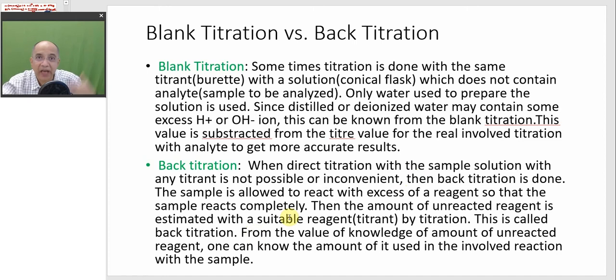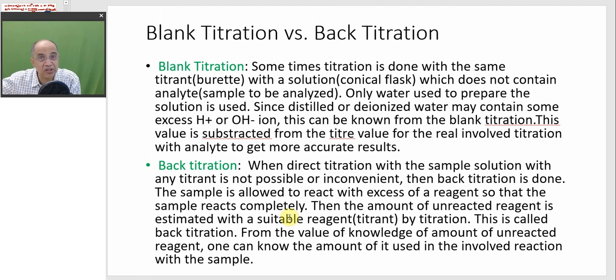If the direct titration of the sample solution is not possible, or the sample is in a solid state and not soluble to form a solution, then you take a reagent in excess, allow the sample to react and be completely exhausted, and estimate the excess reagent by a titration.